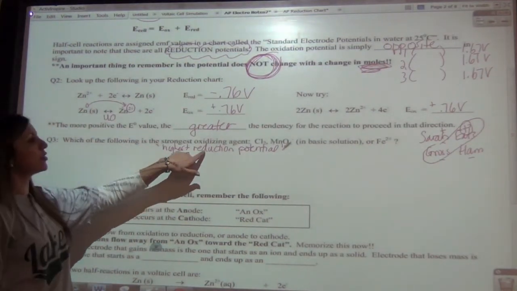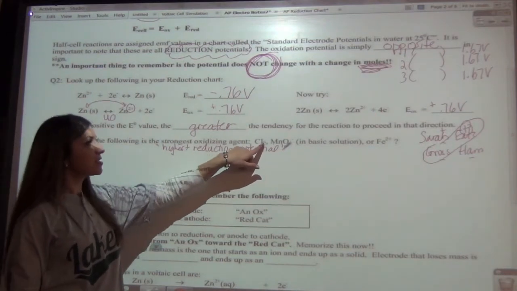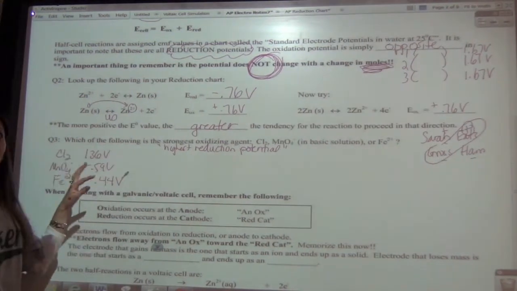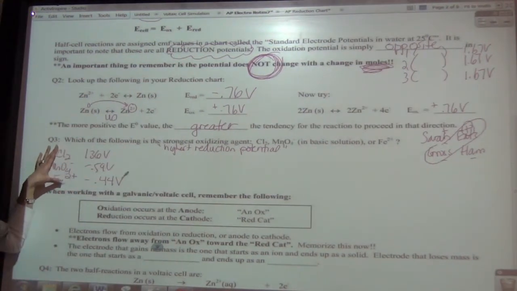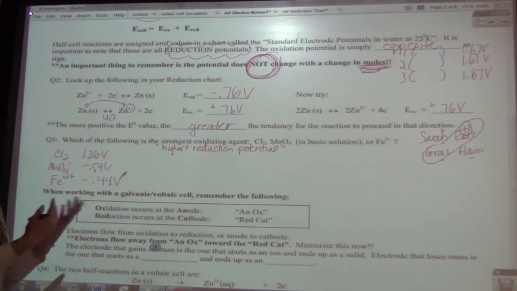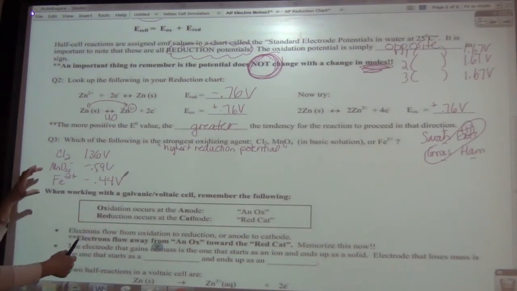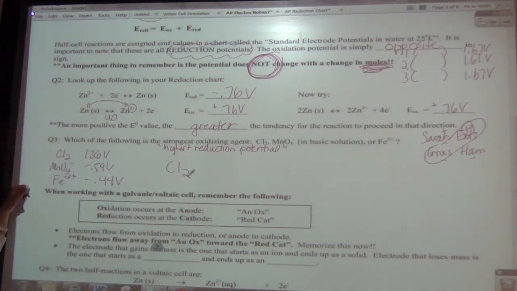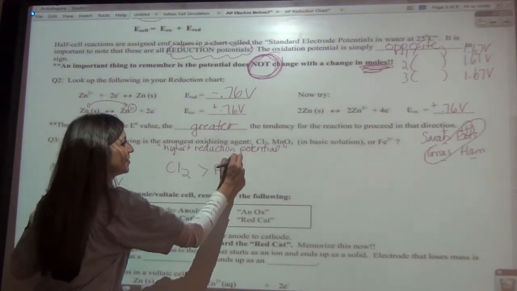Okay, so we want to know which one has the highest reduction potential: Cl2, MnO4 minus in a basic solution, or Fe2+. All right, so based on these three values here, and sometimes you have to look at a different chart, usually you'll be given a chart that has all of them. Which one's the highest? Cl2, awesome. And then which one comes next? Fe2+.